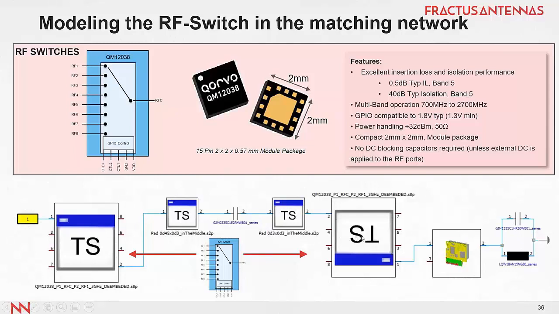So this block here is the full S-parameters, a 9 by 9 matrix. Also the matching network, some patch, the delay of the patch effect can be taken into account, the antenna by CST, and at the end the feeding port, which will be the 50 ohm feeding port. So all this chain can be easily modeled, and the estimation of S11 as well as efficiency is much more accurate if you take into account in your design all the components, not only the matching network, but also the RF switches.